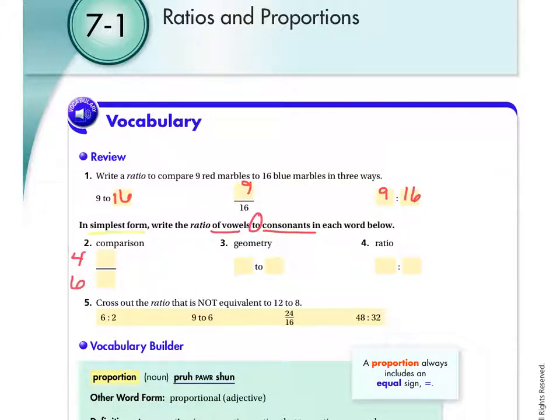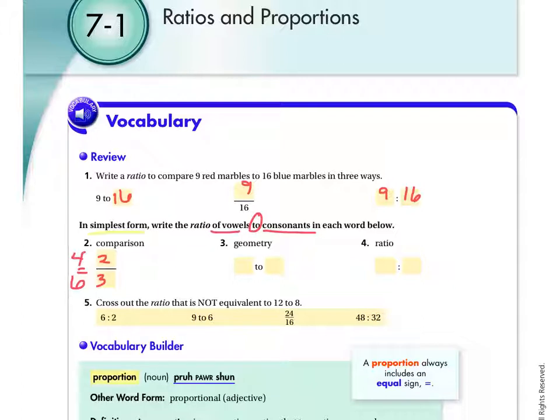And what is 4/6 reduced to? So 2/3 is your answer. So that's your answer in simplest form. And then for the word geometry, how many vowels are there? There's E, O, E, right? So that's 3.